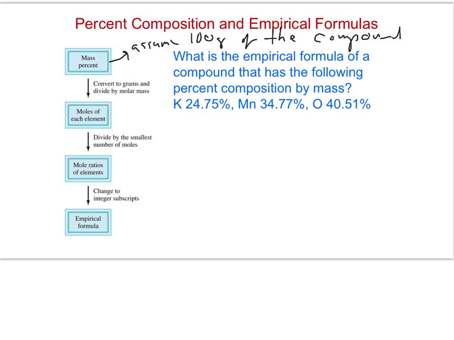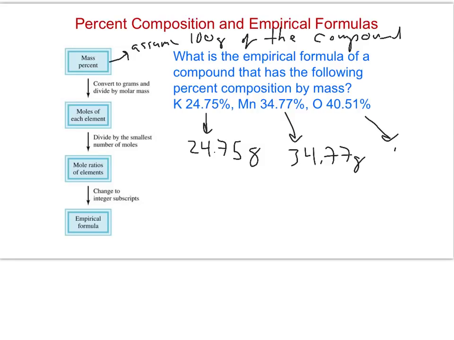If we take our example here, that would mean that if you have 100 grams of the substance, 24.75 grams would be potassium. 34.77 grams would be manganese.